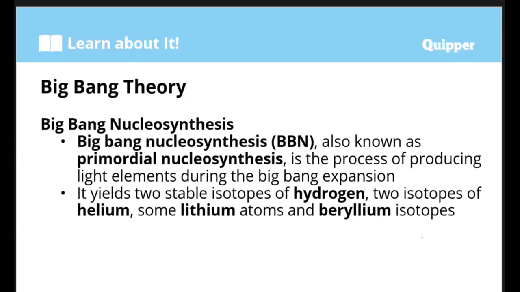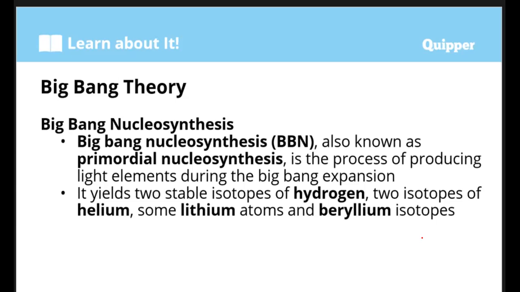So the Big Bang nucleosynthesis, or the BBN, also known as primordial nucleosynthesis, is a process of producing light elements during the Big Bang expansion. As I explained to you, the Big Bang keeps on expanding and expanding. As it expands, since there is energy and matter present in that single point, of course there are subatomic particles in it.